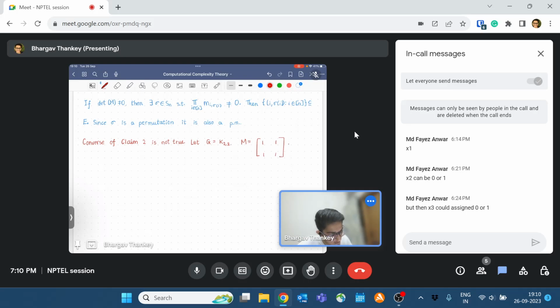Now G has two perfect matchings, but the determinant of M is zero. And in fact, you can extend this to K n,n for any n.